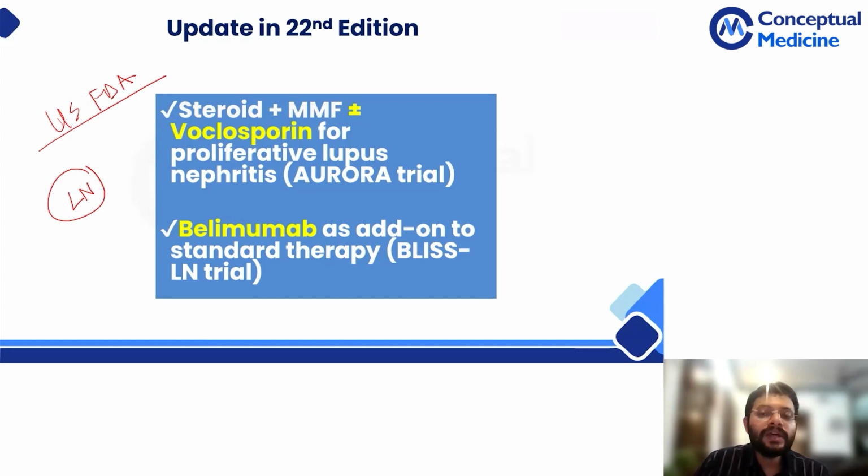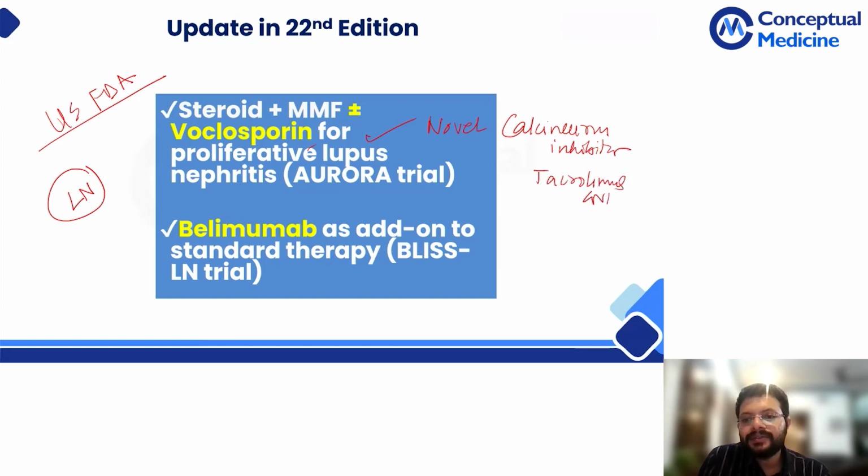One is a novel calcineurin inhibitor called Voclosporin. The one that is currently in vogue is tacrolimus, which is the conventional CNI used both in kidney transplant as well as SLE.